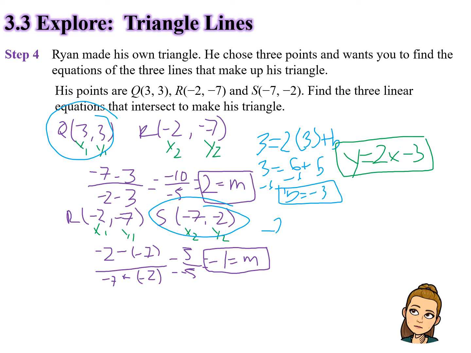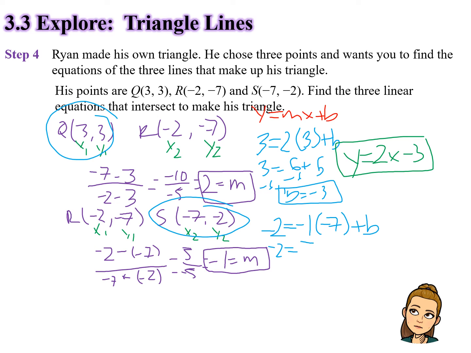I have my y value equals my m value times my x value plus b. Remember, each time when I'm solving these, I'm going back to that idea of y equals mx plus b. -2 stays the same.